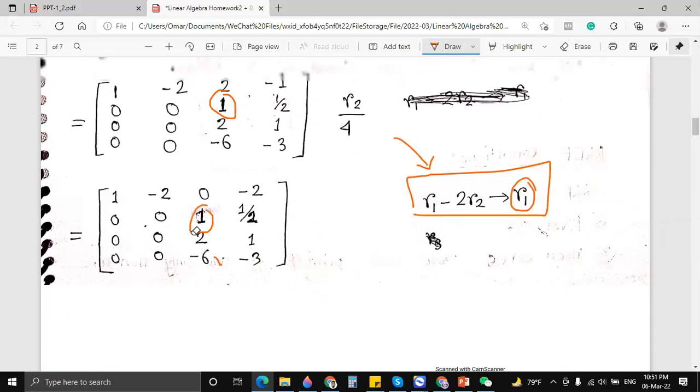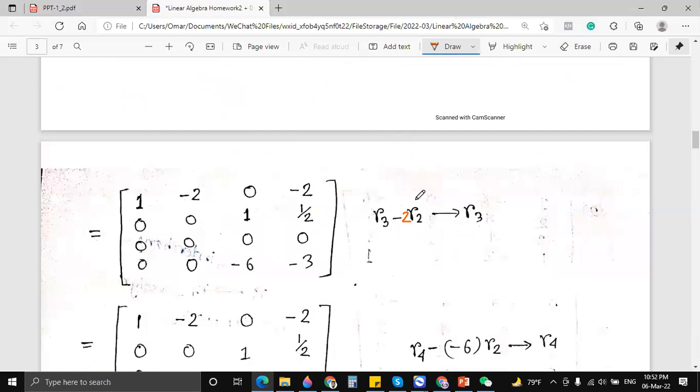If I multiply 2 with the second row, it will become the same thing, 2, and then it will become 1, right? I'm doing the same thing as before, okay? I'm multiplying the second row with 2, and then I'm subtracting the second row from the third row.